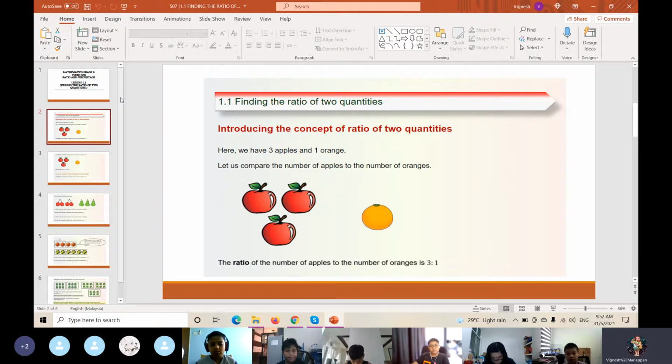Maybe some of your worksheets will ask for the 3 ways of writing ratios. This is the ratio way: 3, the 2 dots, and then 1. The word form is 3 to 1.